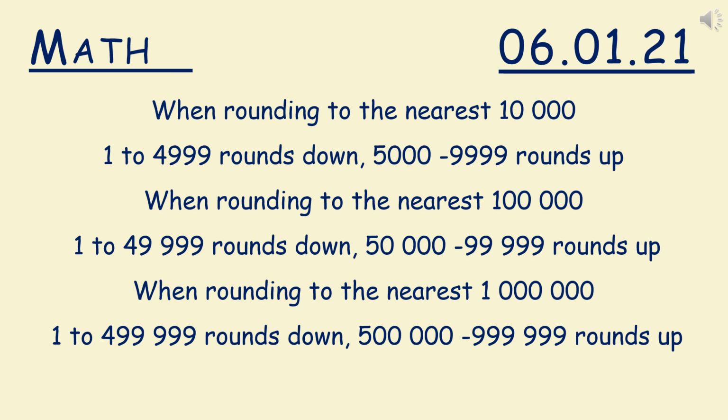When rounding to the nearest million, 1 to 499,999 round down and 500,000 to 999,999 round up.